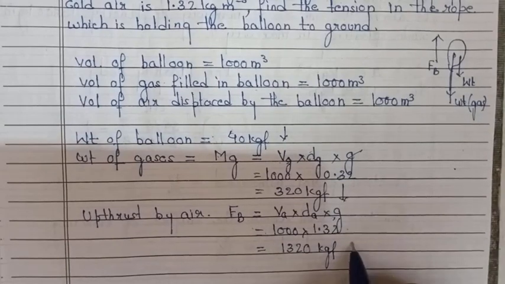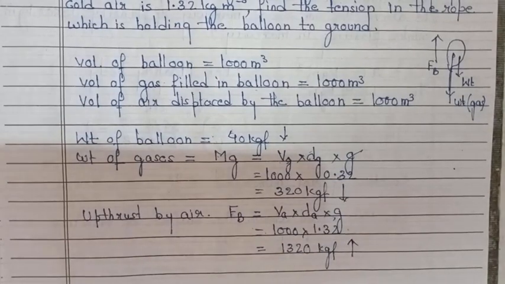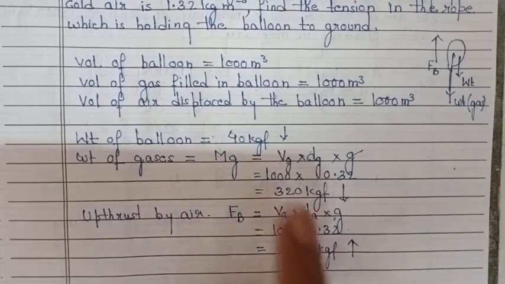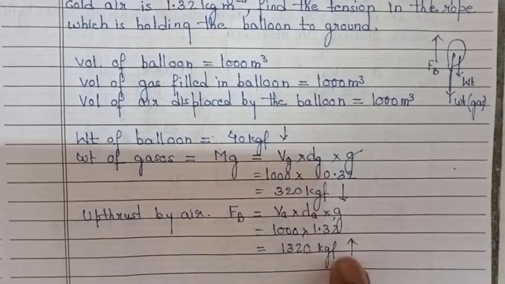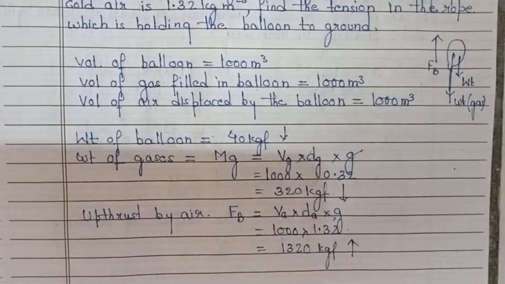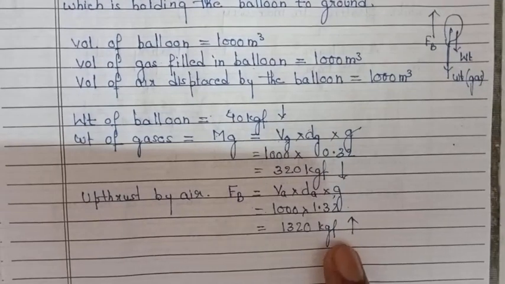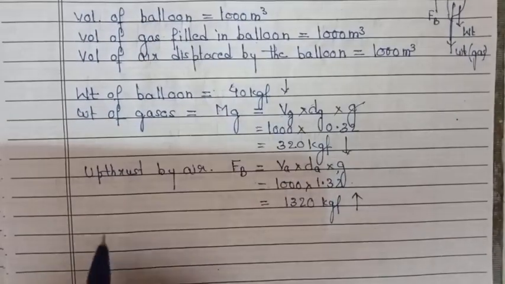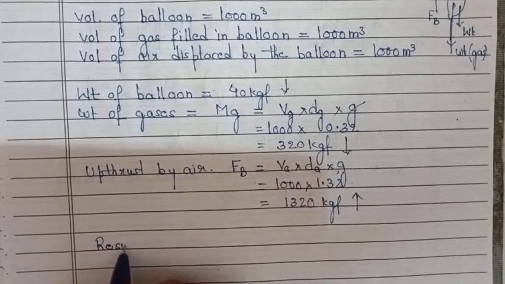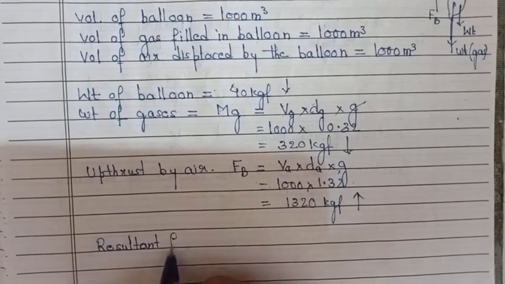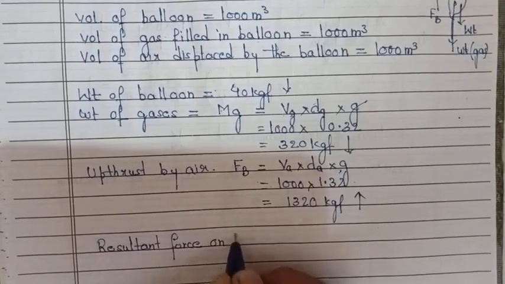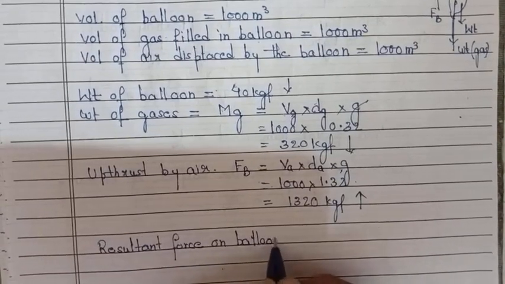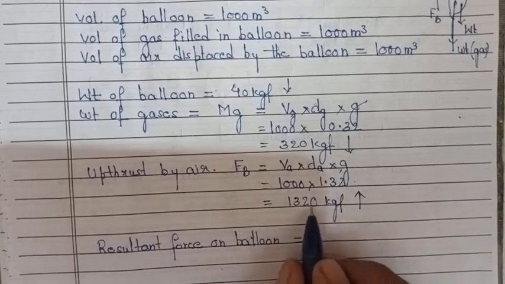Now this force is in the upward direction. So altogether we can see three forces are acting on the balloon. Two forces in the downward direction and one force in the upward direction. Now we need to calculate the resultant of these forces. As you can see, the upward force is much greater than these two downward forces. So for the resultant force on the balloon, we have the upward force greater.